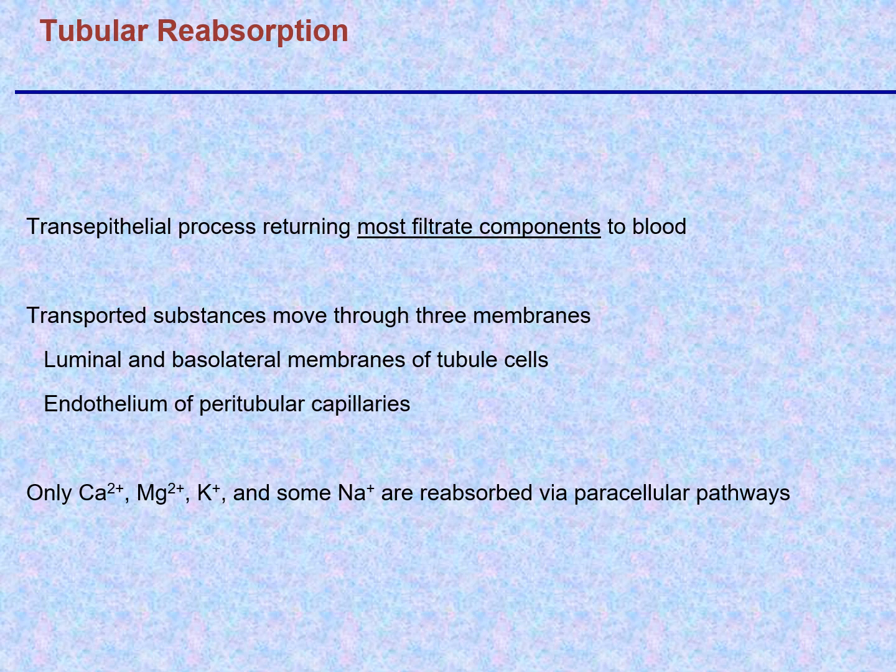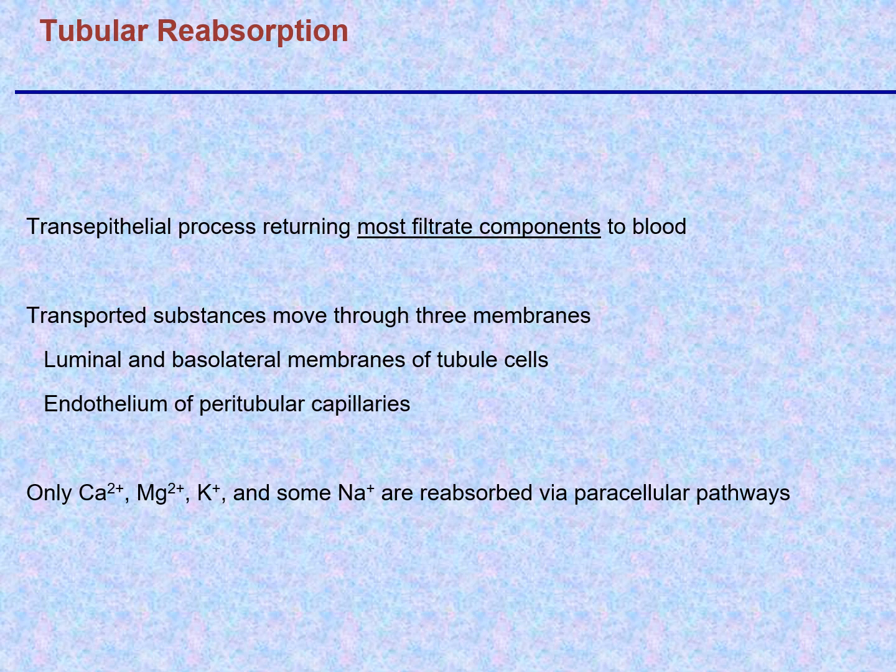Reabsorption is a process that occurs in the tubular system. It's important because the filtrate that is formed, as I've told you before, is in way too big a volume. You can't lose that kind of fluid in your urine. You would quickly dehydrate and lose too many electrolytes.